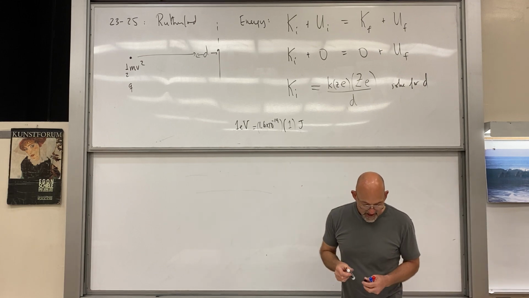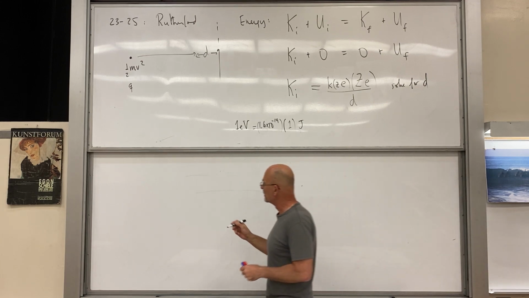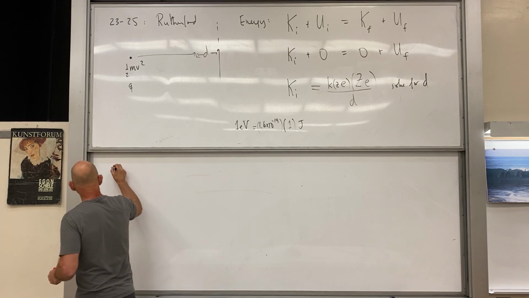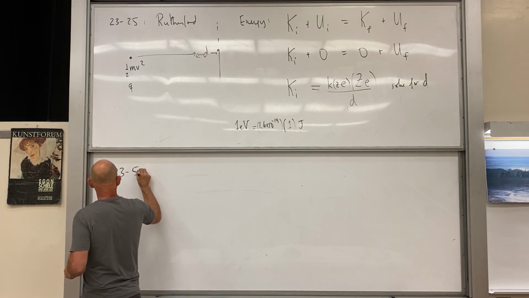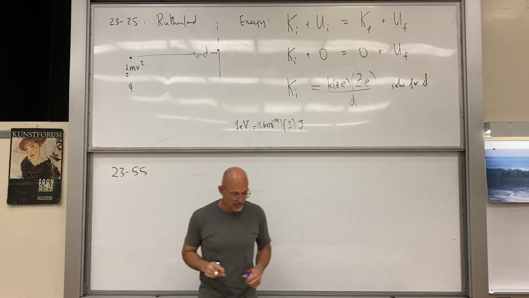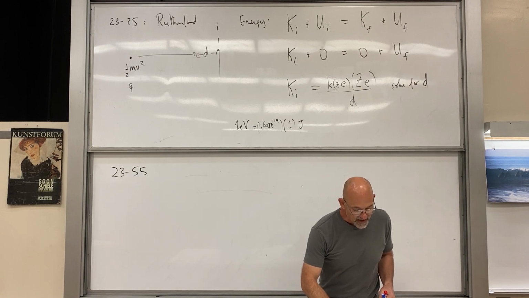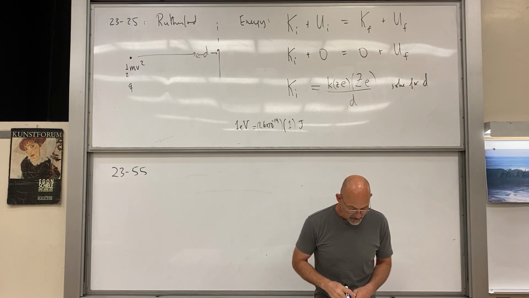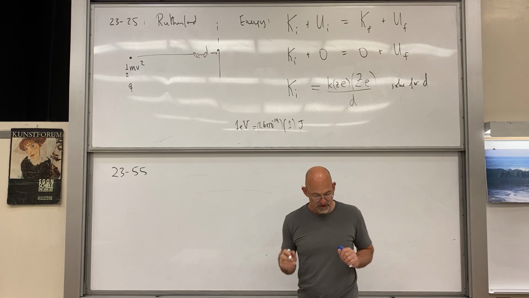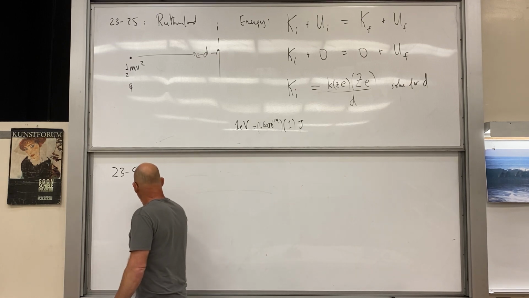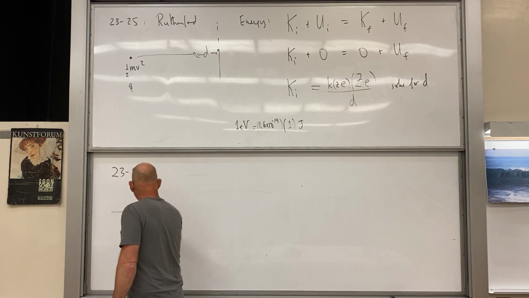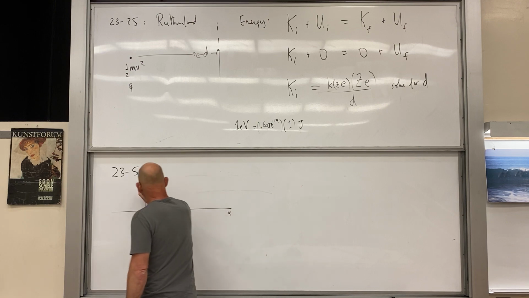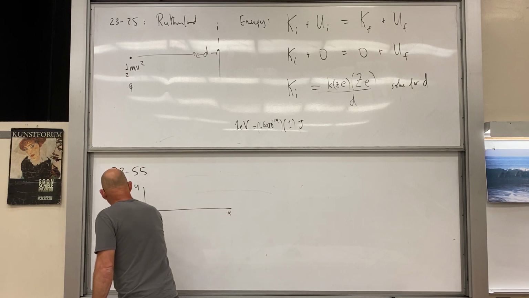So we're on the x-axis. We want to get the potential, and then we're going to do a limiting case. Good. So here's x and y. We're not going to deal with y.